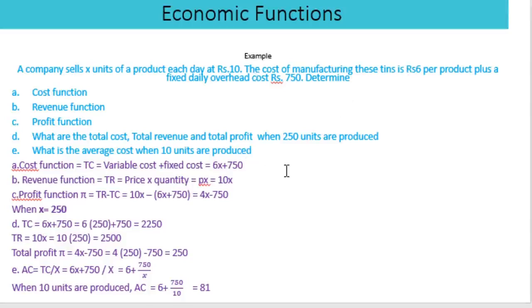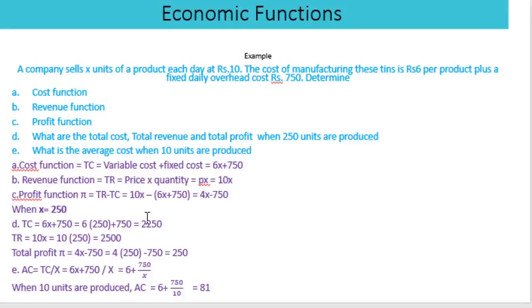And the revenue function, second question, is revenue. Total revenue equal to price into quantity, that is P into X. Here the price is given as 10, so 10 into the total units produced X. That is 10X, the revenue function. Then the profit function is TR minus TC.